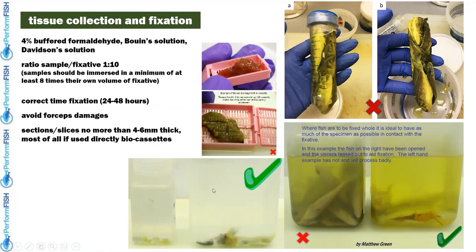The correct time of fixation depends on the size of the tissue sample, of course, but in general 24 hours, 1 day or 2 days are enough to obtain the correct fixation.